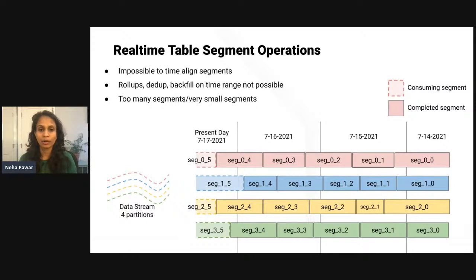And also we spoke about the segment completion thresholds, right? Like number of hours and number of rows. If you do not get the tuning of that right, you can end up with problems like creating too many segments or creating very small segments. Or if you have too many partitions in your stream, then again, you're going to end up with a lot of segments. And these problems will directly impact the performance of your query in the cluster.